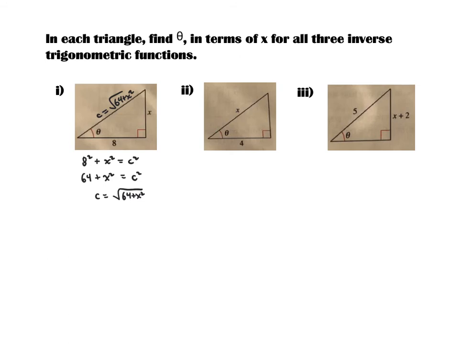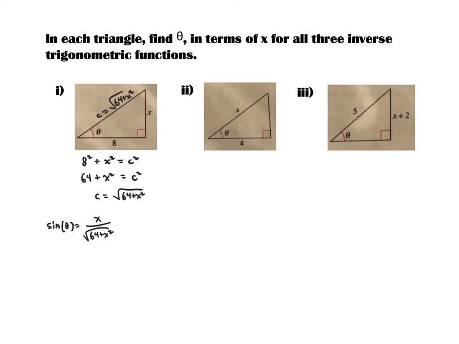Okay, so the question is asking us, in each triangle, find theta in terms of x for all 3 inverse trigonometric functions. So what that's asking you to do is to write, first of all, the sine of theta is equal to x over the square root of 64 plus x squared.